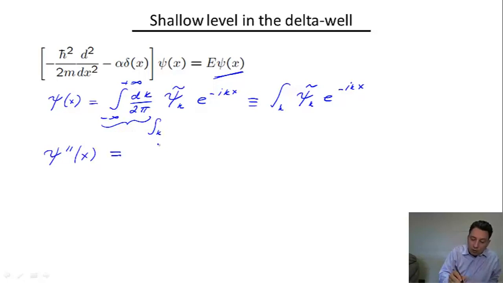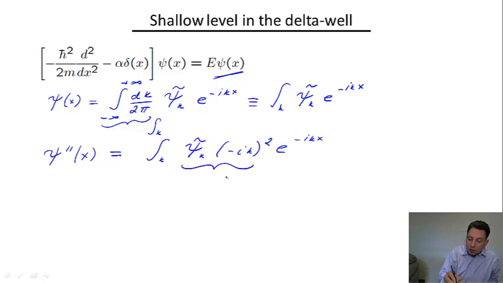So we can represent this second derivative as psi tilde sub k times minus ik squared e to the power minus ikx. So this is the Fourier transform of psi double prime.